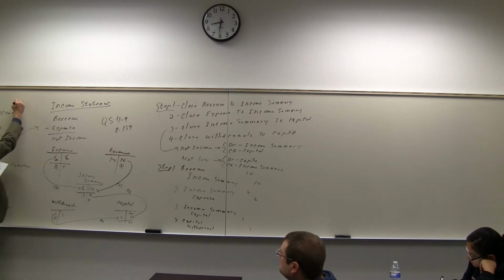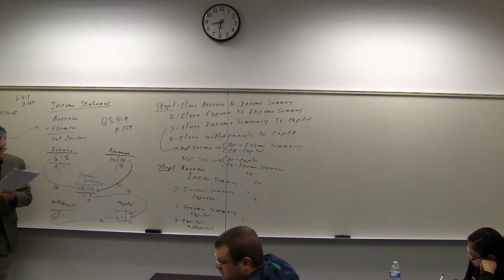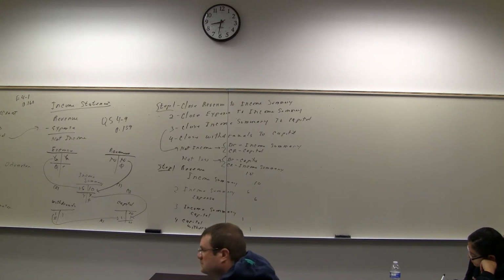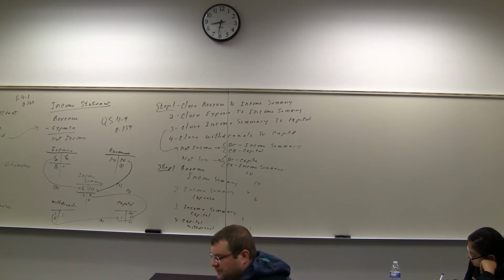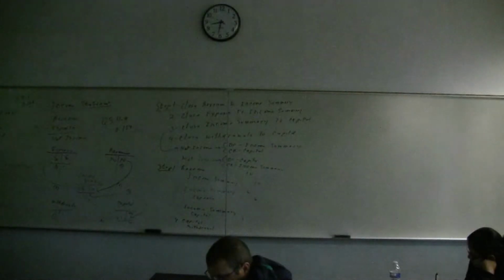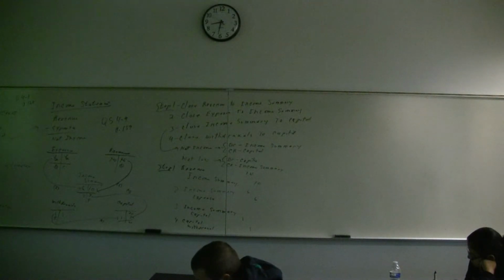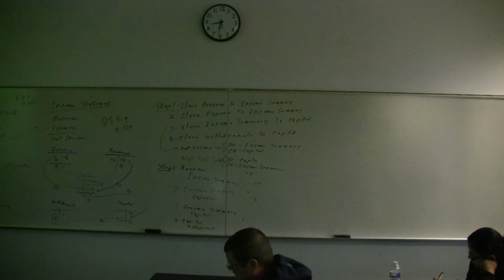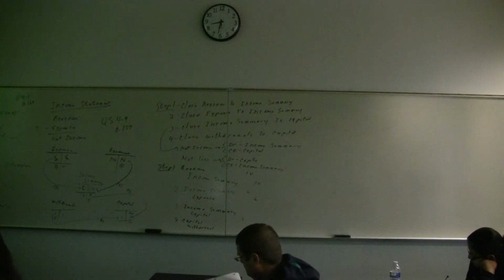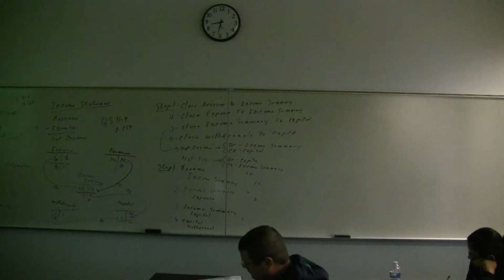And again, what we're going to do is we're going to practice this a few times. Let's do exercise 4-1. You find that on page 160. Let me put it on the board here.